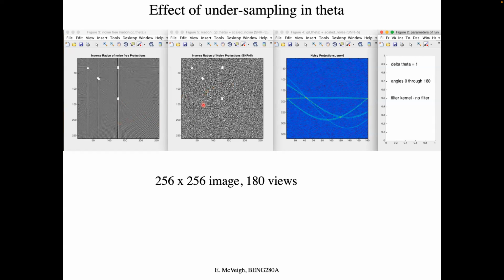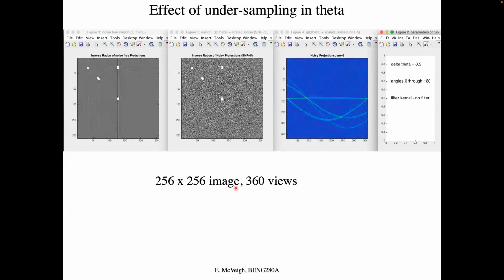And so the fidelity of the estimate in the center of the field of view is better when you have this condition of fewer views. If we just keep increasing views, so go to 360, now I've pretty well eliminated all of my streaks out here. And this looks pretty uniform everywhere.